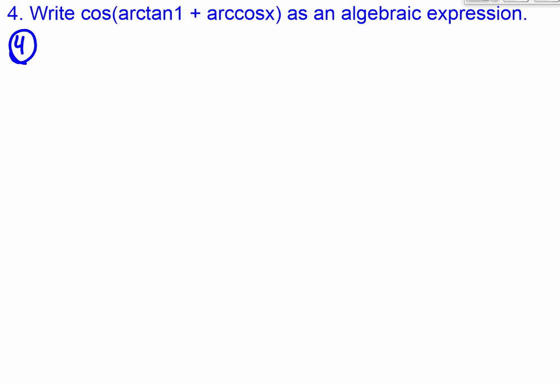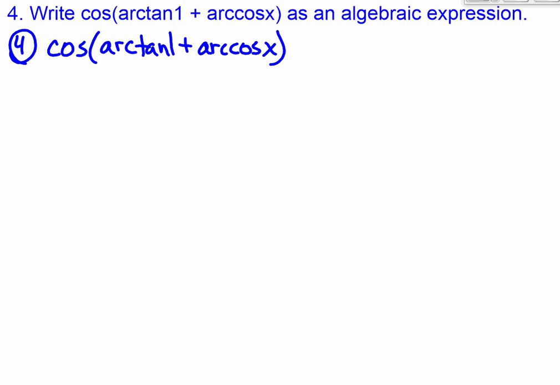So this is number 4, and it's to write the cosine of the arctangent of 1 plus the arccosine of x as an algebraic expression. And so I'll just write the problem. I don't know why, I just like to do that. Cosine of, parentheses, the arctangent of 1 plus the arccosine of x.